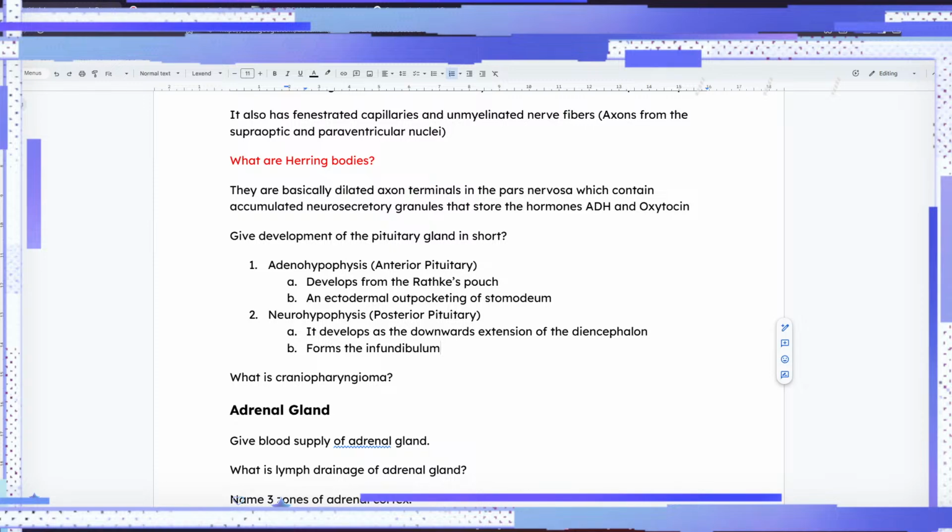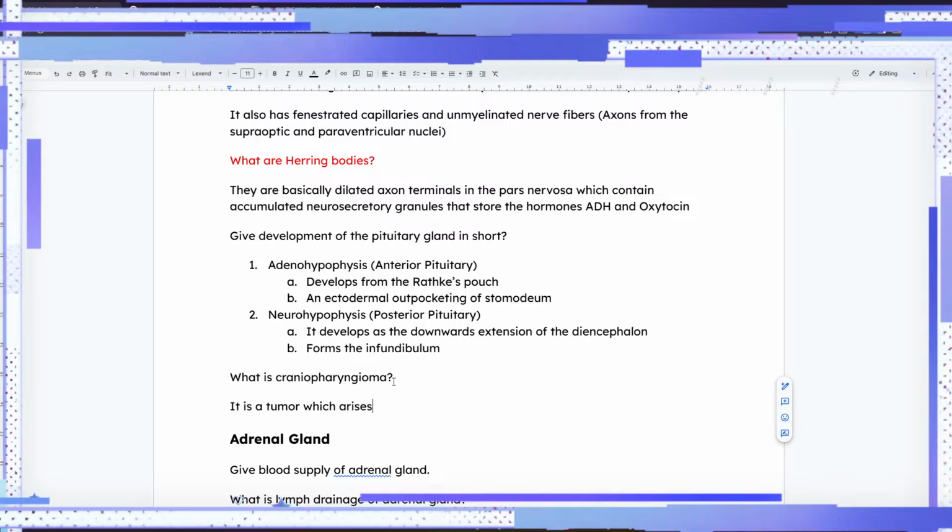So basically, what is craniopharyngioma? It is a remnant, meaning something that is left behind. It is a tumor which arises from a remnant of Rathke's pouch in the roof of the pharynx.